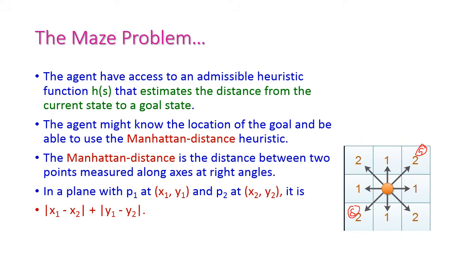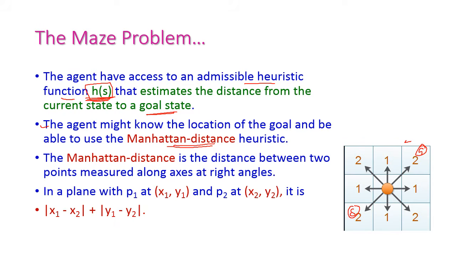Then how will this maze agent reach the goal state from the starting state? By using an admissible heuristic function, that is h of s. The h of s is very helpful to estimate the distance from one point to another, that is, one state to another state. So by using this h of s function, it can estimate the distance from the current state to the goal state. The agent must use the Manhattan distance formula.